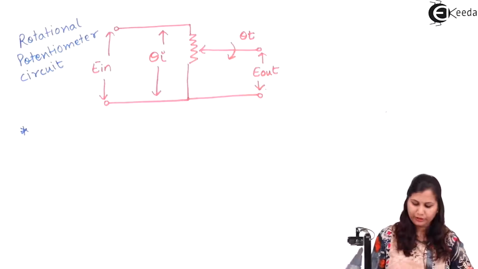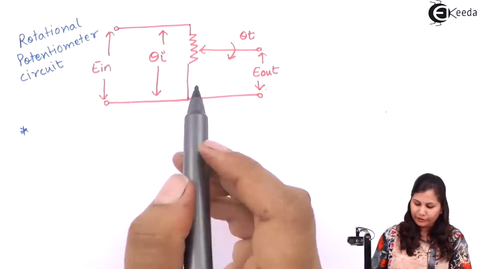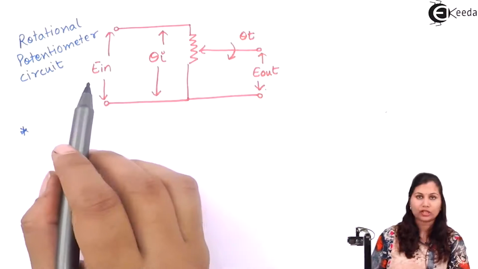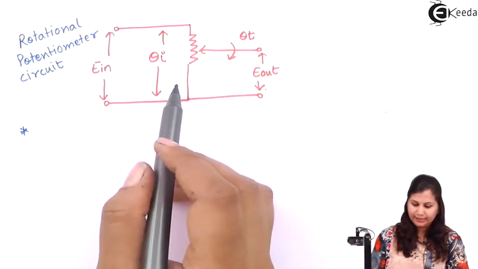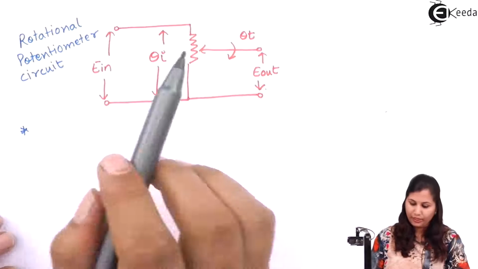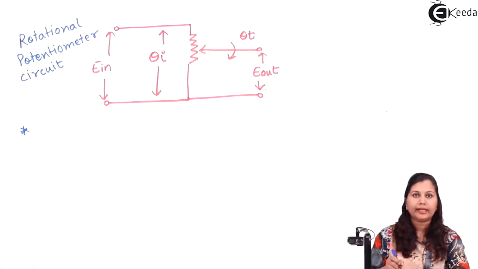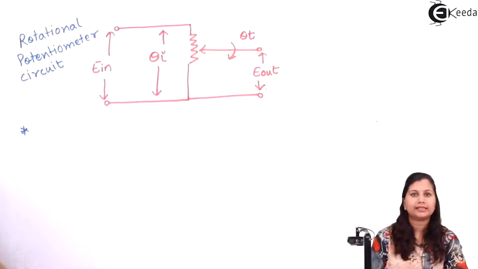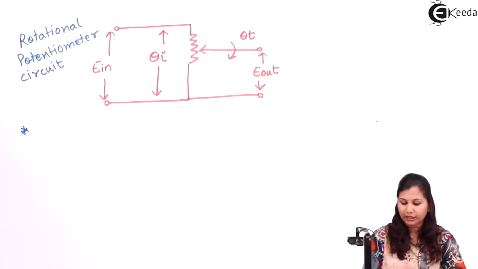In this potentiometer also, the ratio between the output voltage and the input voltage is equal to theta i by theta t, where theta i is the input angular displacement of the wiper, and theta t is the total length of the rotational potentiometer.